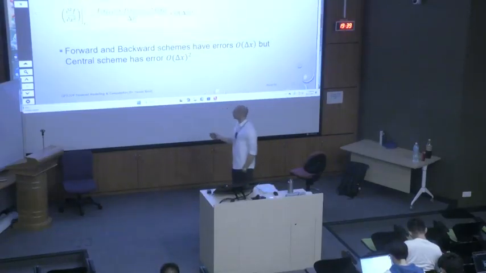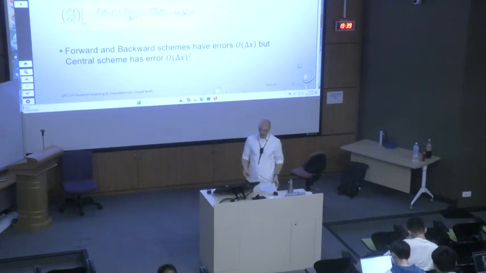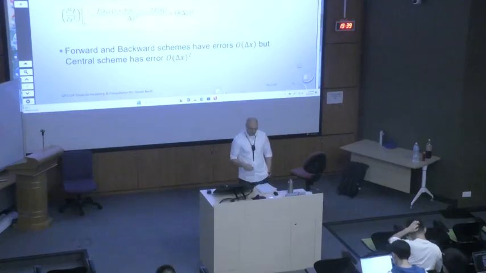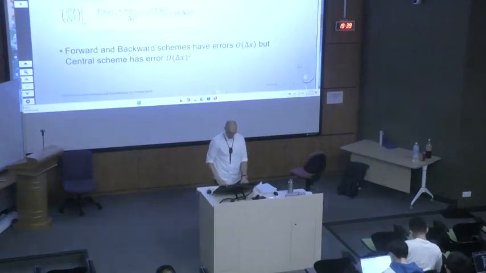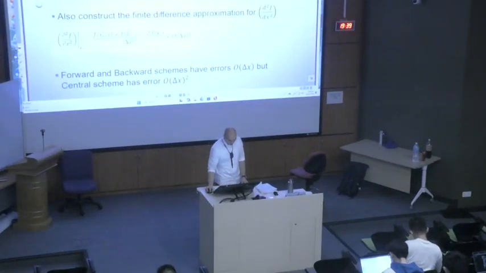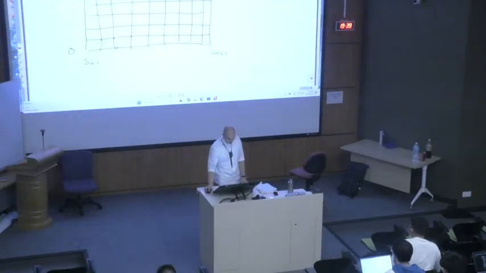We can also do that with the second derivative, exactly the same story. We take both neighbors minus twice the center. It gives us an approximation of up to second order. And now we will use all of these approximations exactly in that grid.